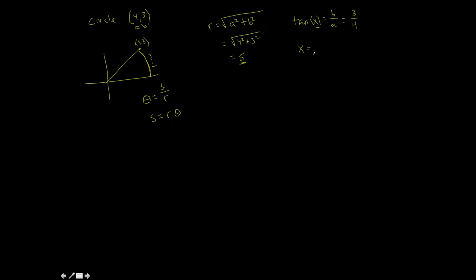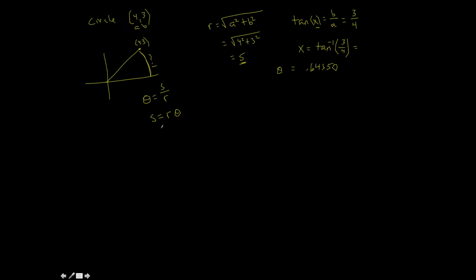If you take the inverse tangent of 3/4, that will give you the angle, an answer of 0.64350. That is your angle theta. So that's how you solve for the angle.